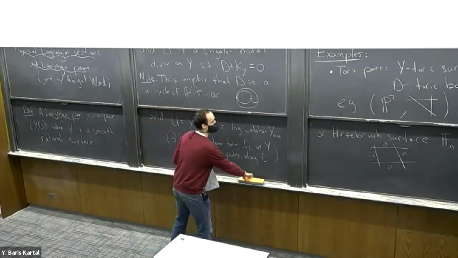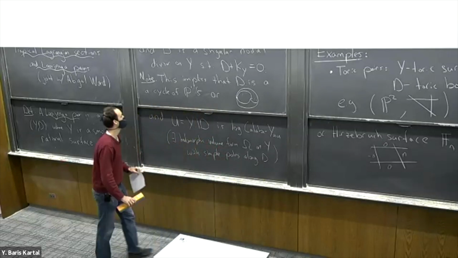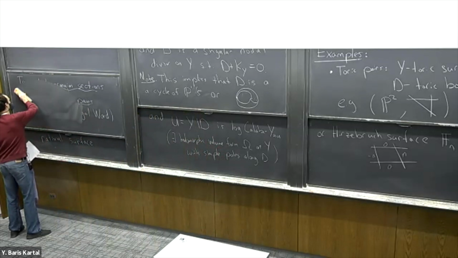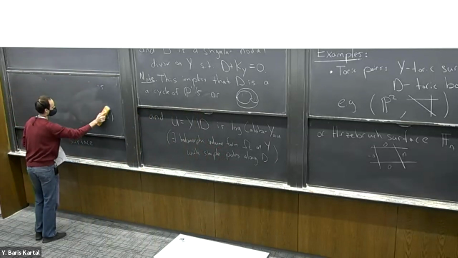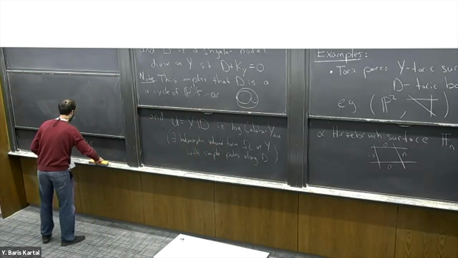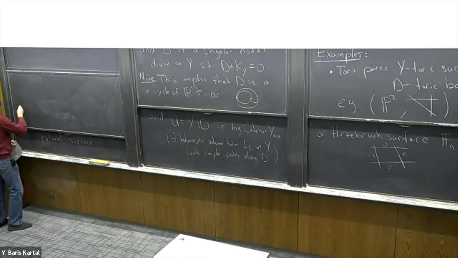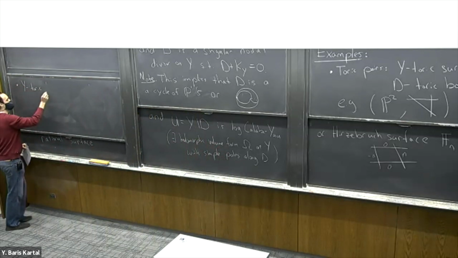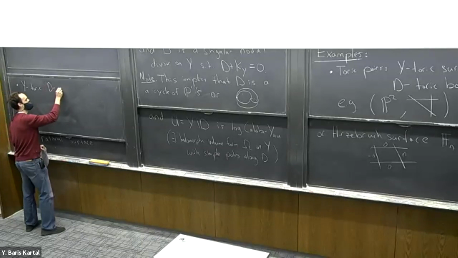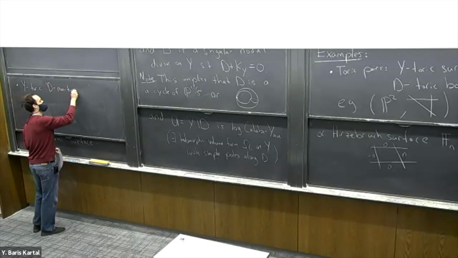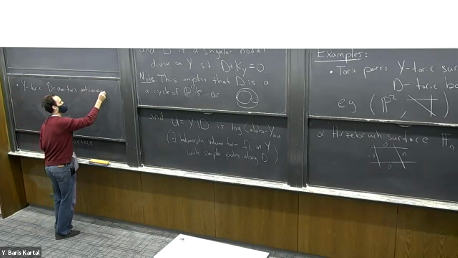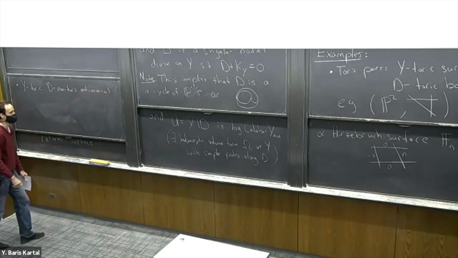Now some non-toric examples. One step you can do, which maybe is not so exciting, is to take Y to be toric and D to be a non-toric anticanonical divisor, which from the point of view of mirror symmetry still does something non-trivial.